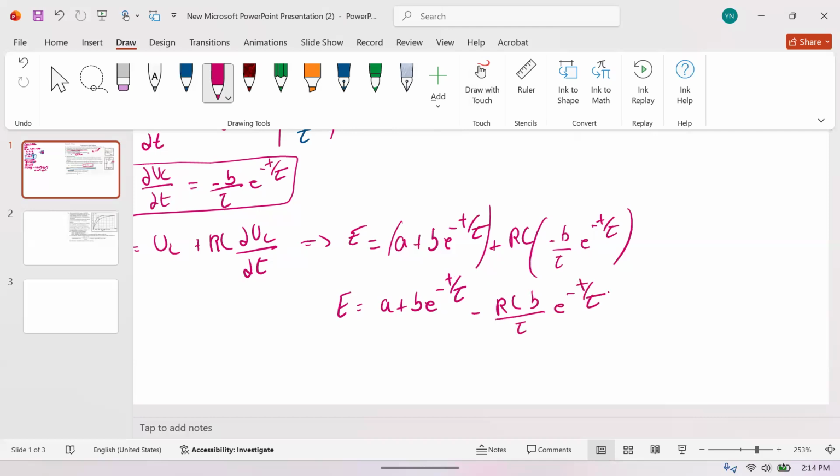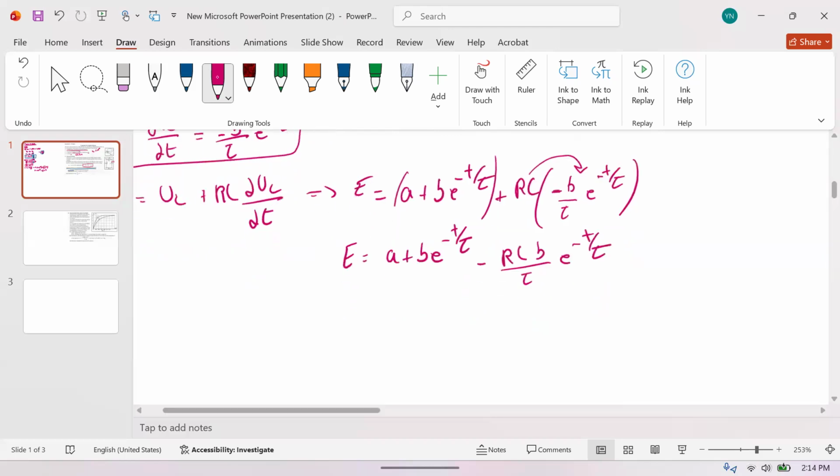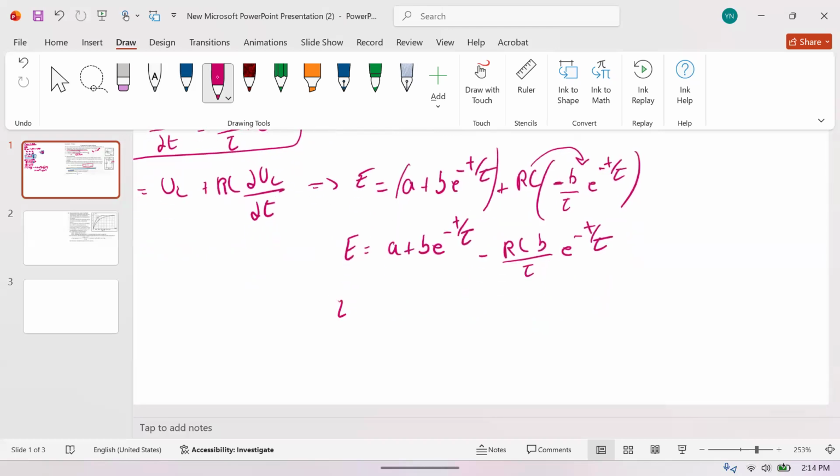Okay, so since we have A plus B E minus T over tau, it is not multiplied by anything. We simply can remove the parentheses. And here we have RC multiplied by this factor. So I will keep the minus in front of all of them and I will rewrite everything because they are multiplied. Okay, now the fourth step, we have to take the exponential as a common factor always.